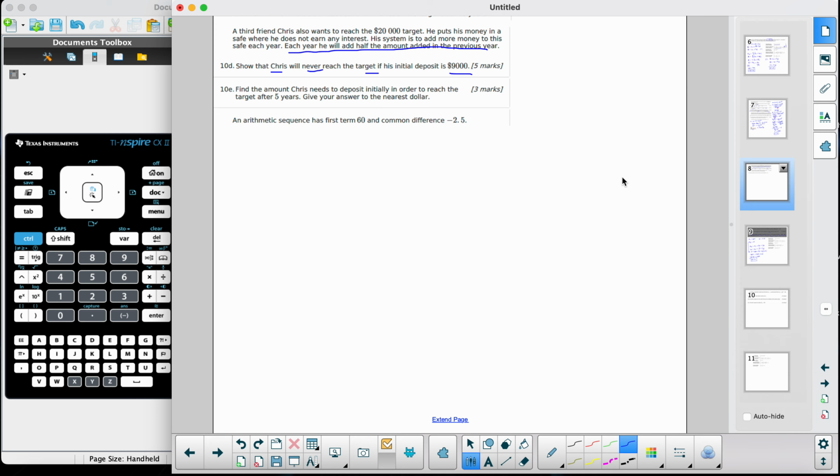Well, let's think about this. What we've got is a sequence here, since we're adding half of the amount. So we're going to start with 20,000, plus 1/2 of 20,000, plus 1/2 of this previous term. Hopefully you're seeing what we have is a geometric sequence.